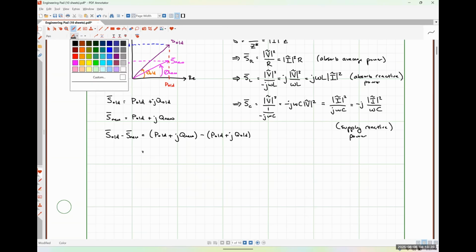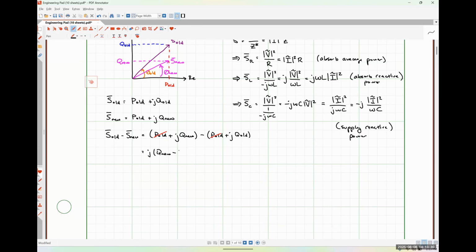And the P olds are going to cancel each other out. And what we're going to wind up getting is simply j times Q new minus Q old, which is jQ cap.